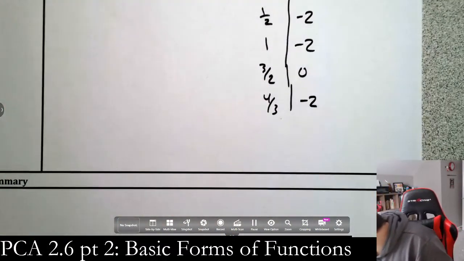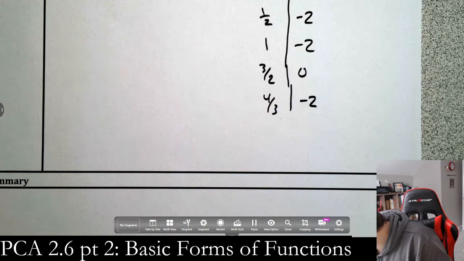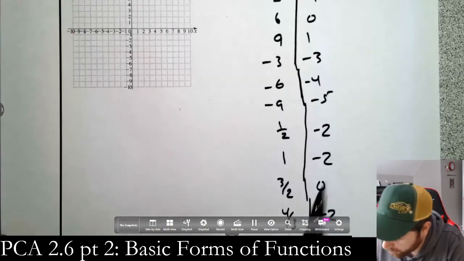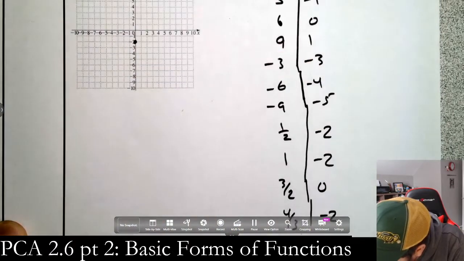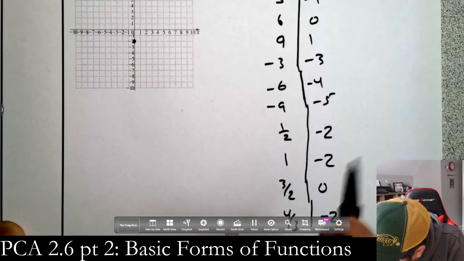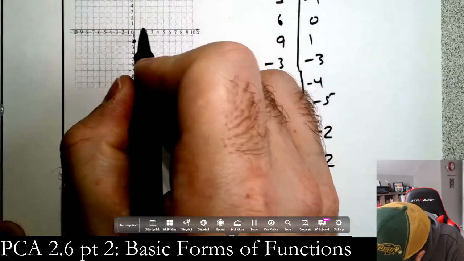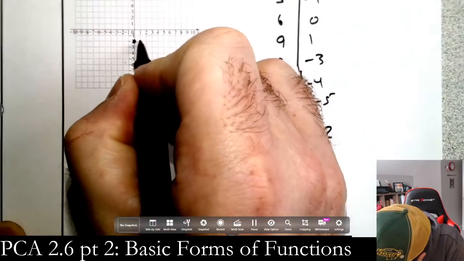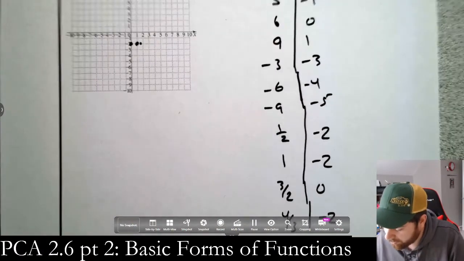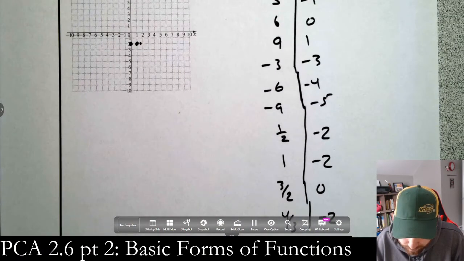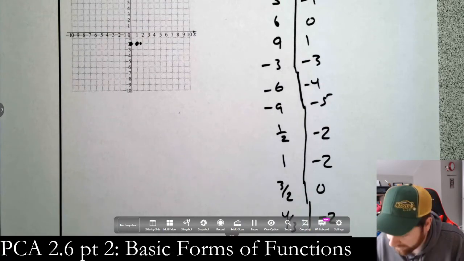So it looks like it's suggesting for us that we end up with, plug in 0, we get -2. Plug in 1/2, we get -2. Plug in 1, we get -2. All the way up to here somewhere, right? How far negative can we go? If we plug in -1/2, that's when it goes away.